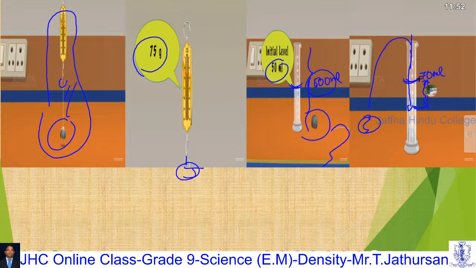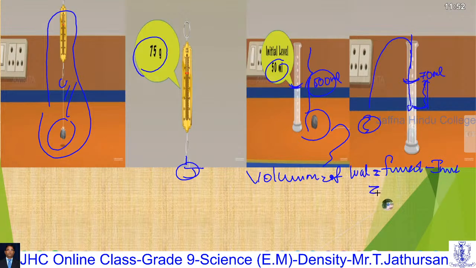So the displaced volume of the water is equal to final volume minus initial volume.